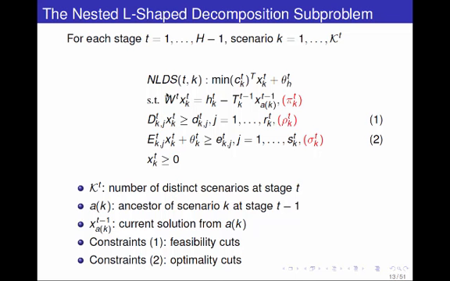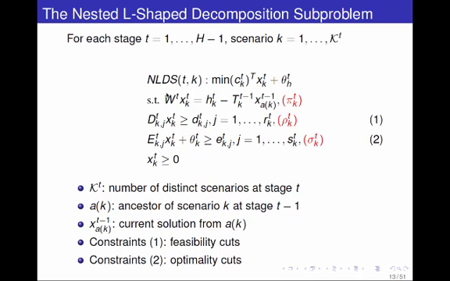So this is what the NLDS looks like. And it should look pretty familiar to the L-shaped method. Again, we have one NLDS for each time period, and for each scenario.